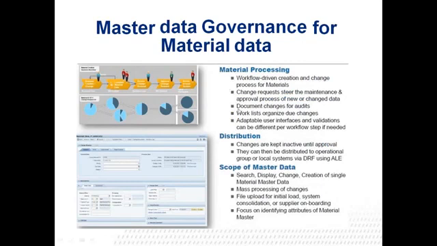So, master data governance for material master data. This is just one example. Let us see in this screen. The requester requests the data. We can have parallel approvers or the same approver, or a serial approver.